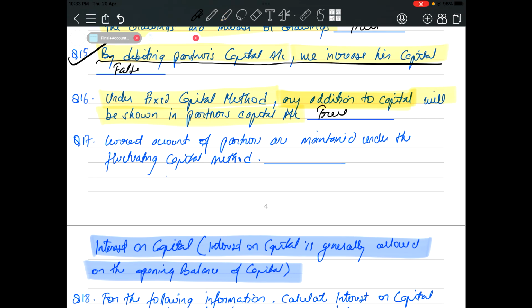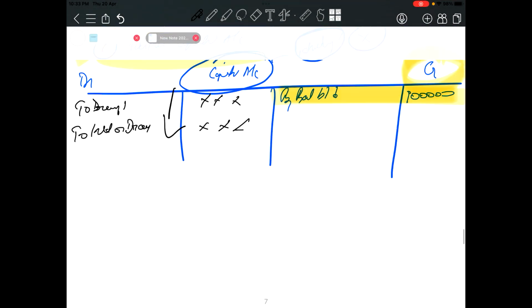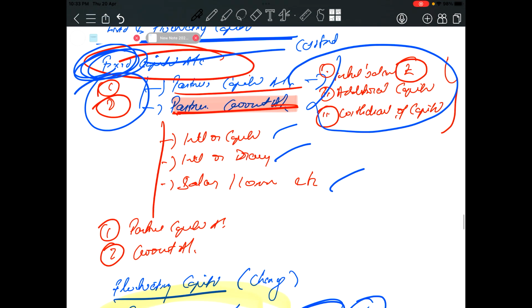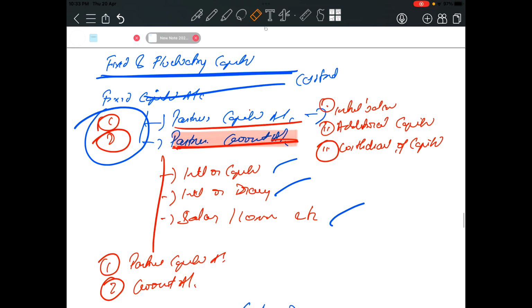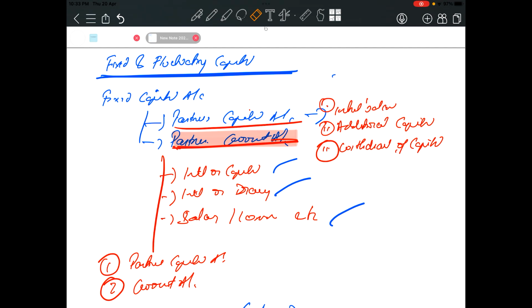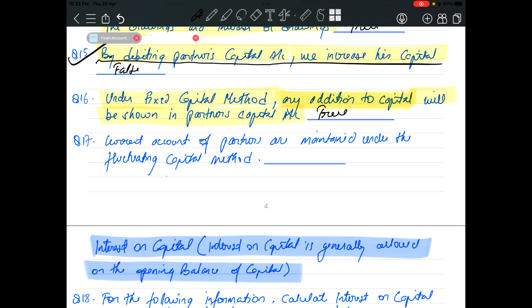See, I have told you that when we prepare the fixed capital account, the initial balance of capital will be there, and any addition to capital, withdrawal of capital, will be in the partners' capital account. So this statement is true. We are done with question number 16.